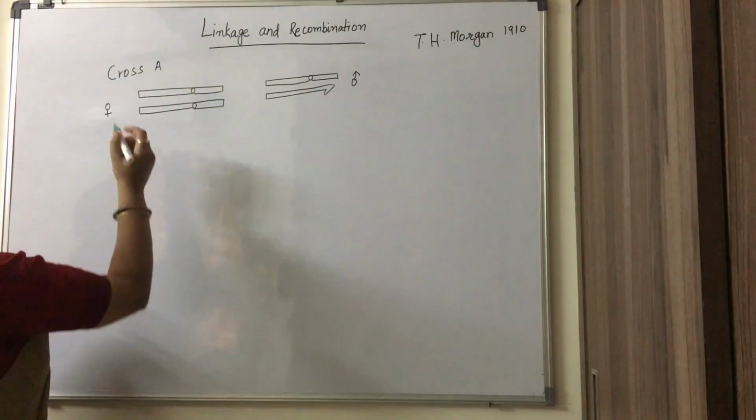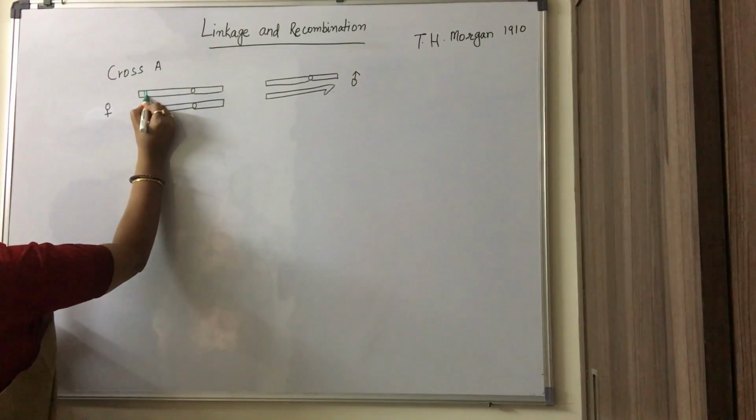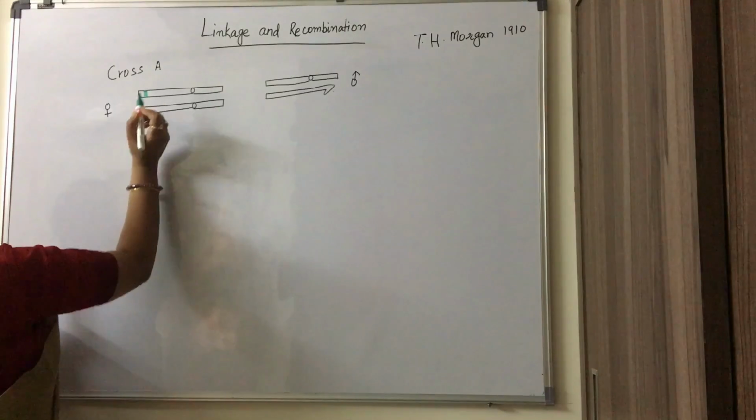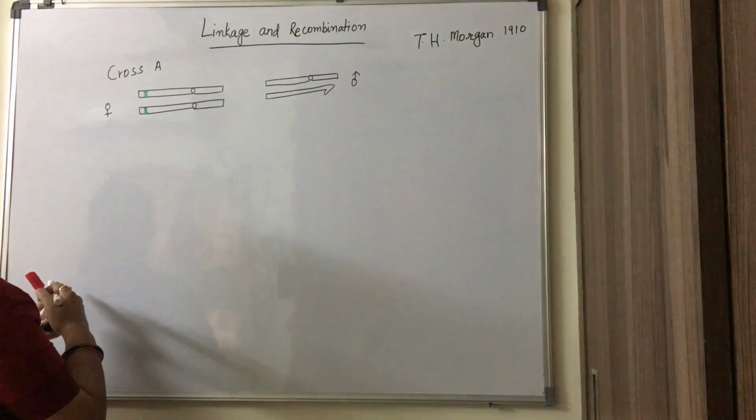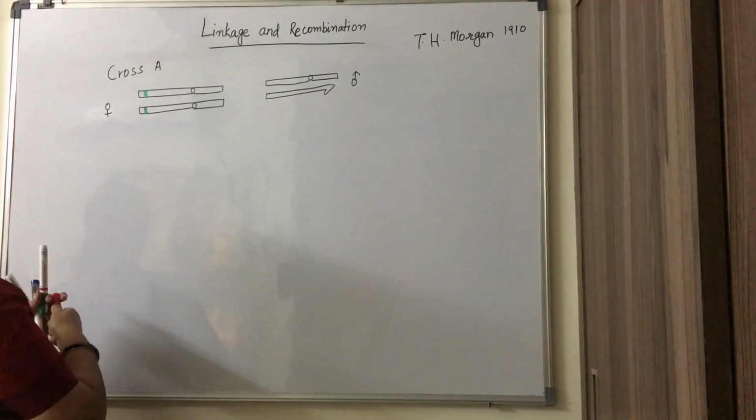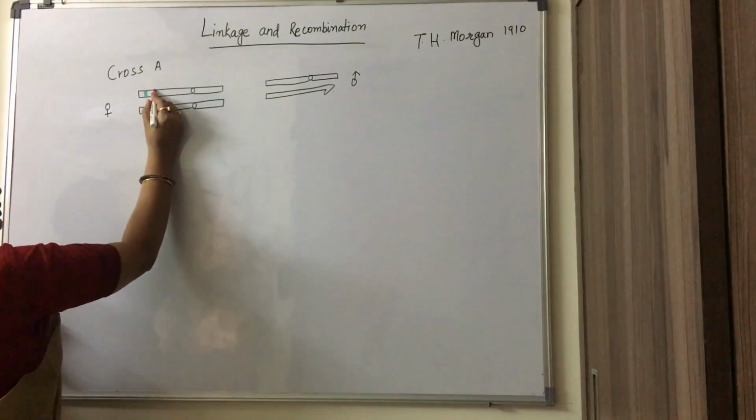This is the yellow color. This is the yellow bodied and this is the white eyed.